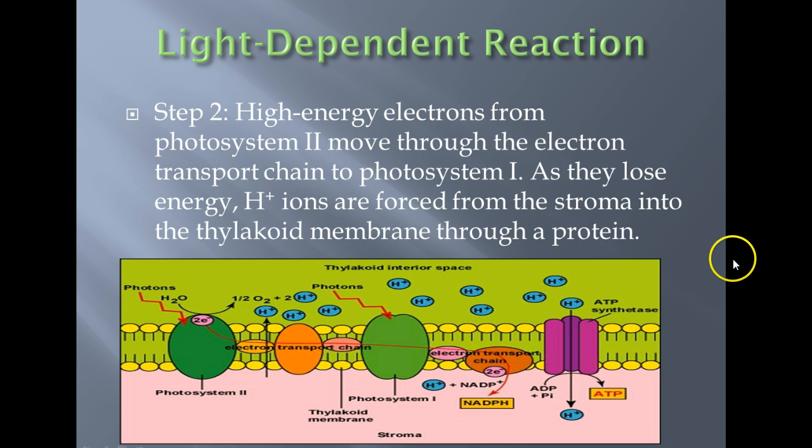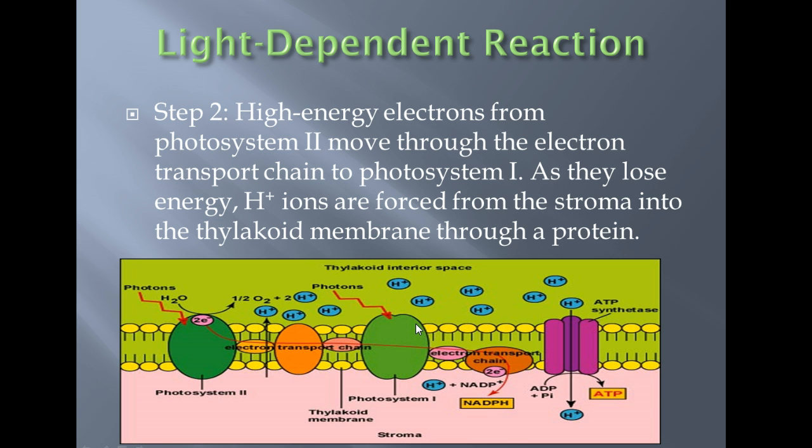Step 1. Next step. Those high energy electrons, those hydrogens, so we've gone through photosystem 2 right here. They're going to move through the electron transport chain, here it is, the ETC, to photosystem 1. So that's my next group of pigments. You can see light coming in, these photons. This is my next group of pigments. We're going to use that light energy to fuel something.